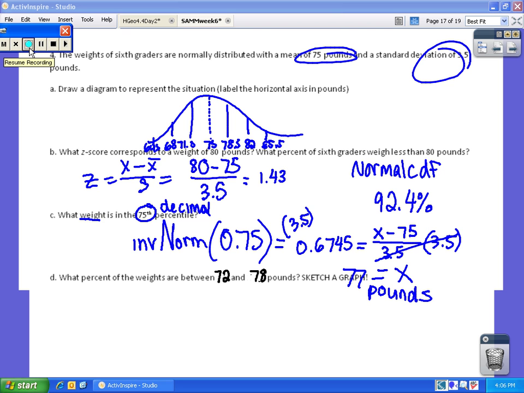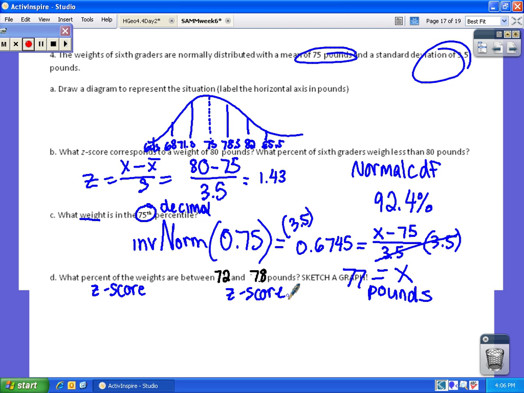Part D. What percent of the weights are between 72 and 78 pounds? I have to find a z-score for both 72 and 78, and then I can use my calculator to find the percent in between. My z-score for 72 is going to be 72 minus 75 divided by 3.5, and I get negative 0.86.